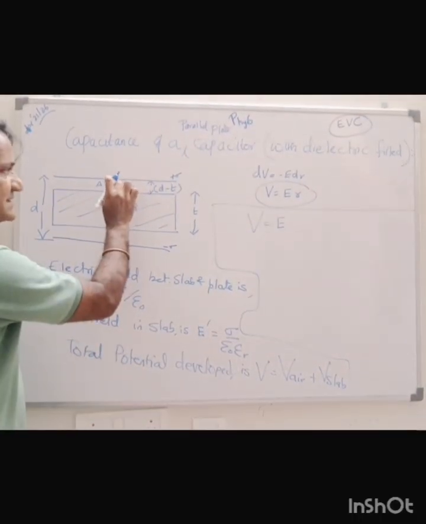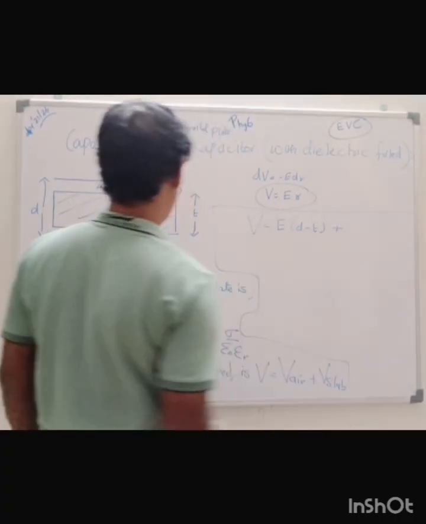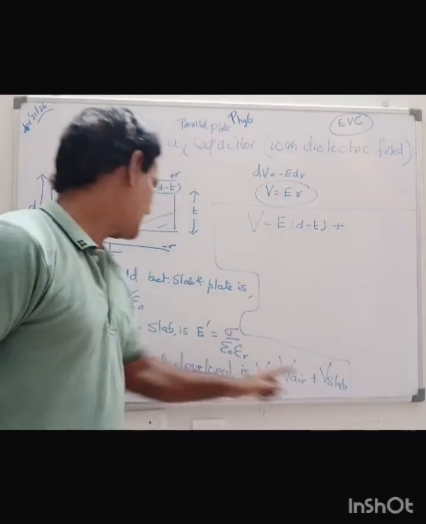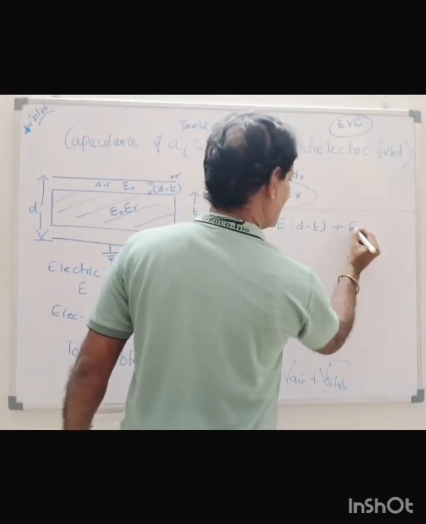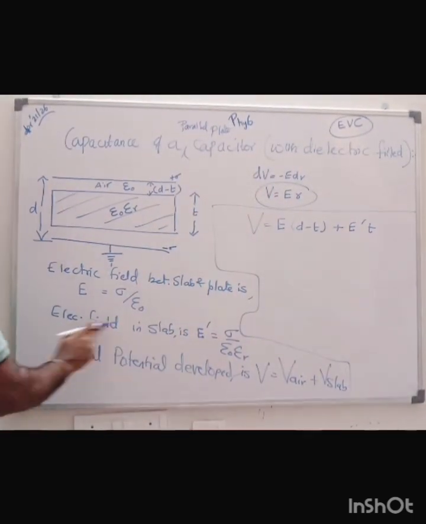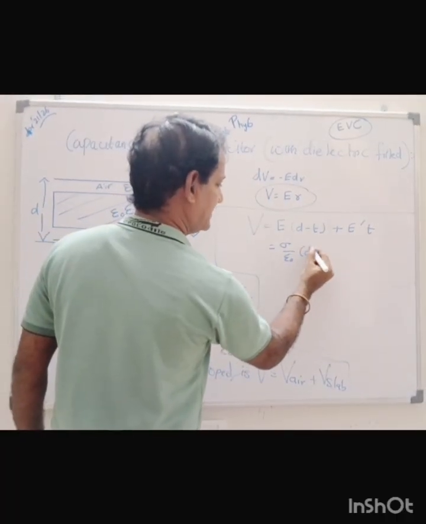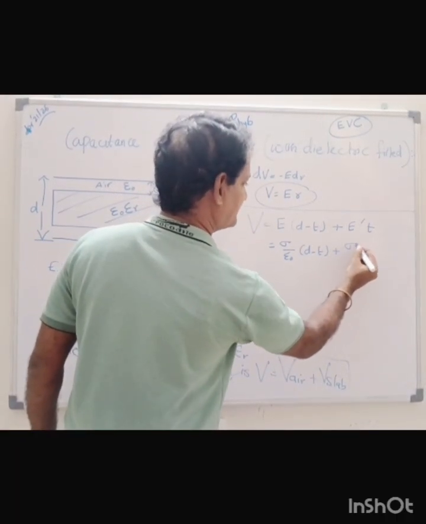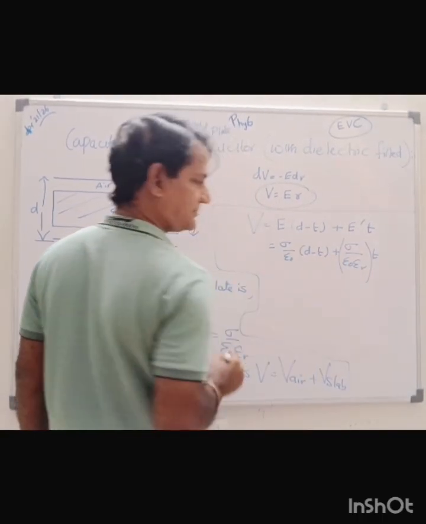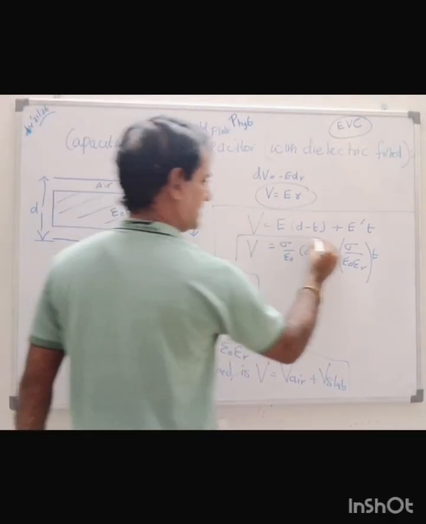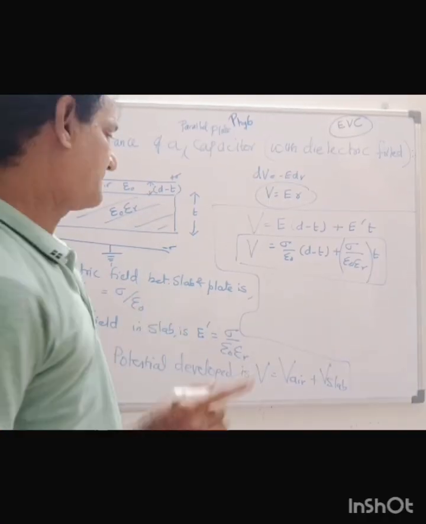The distance between the slab and the plate is d minus t, plus V in slab, where the thickness of the slab has to be taken as the distance. So E dash into t, where E dash is the electric field in the dielectric slab. So V is equal to sigma by epsilon naught into (d minus t) plus sigma by epsilon naught epsilon r into t. This is the total potential developed in a parallel plate capacitor with dielectric field.